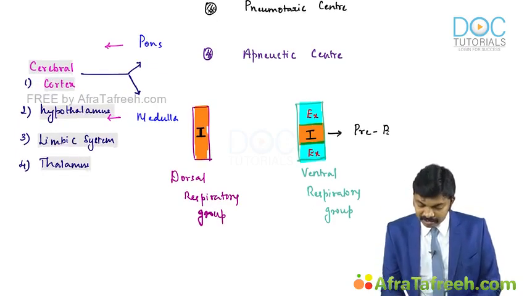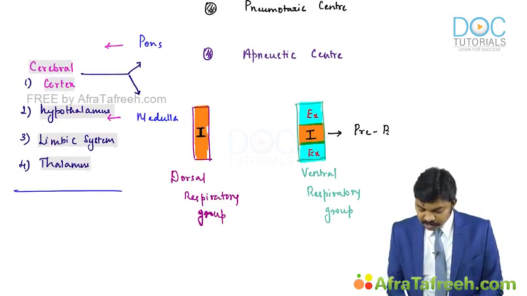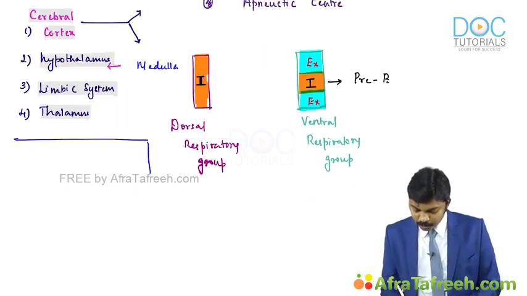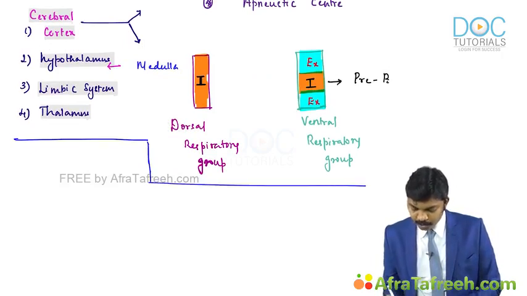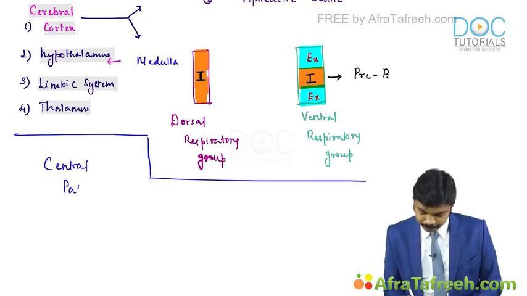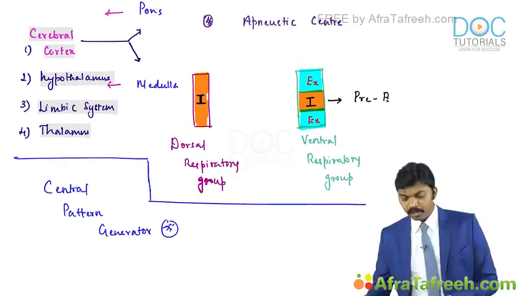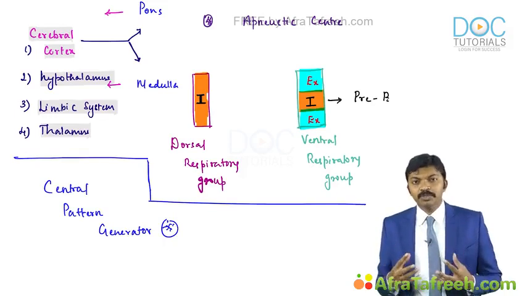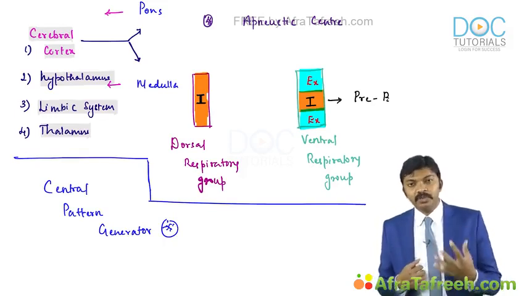Together, all these efferents involved in respiratory control are called the central pattern generator.